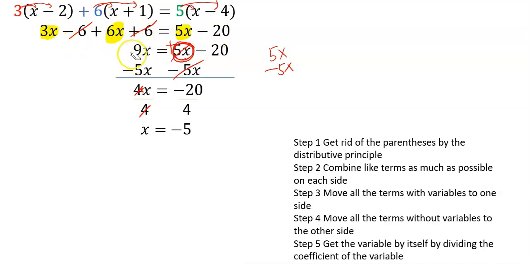After we combine everything, if we still have x's on both sides, we get rid of one of the x terms on one side by doing the opposite operation. After that, we should be left with only one term with x, and all we have to do is get rid of the number in front of it.